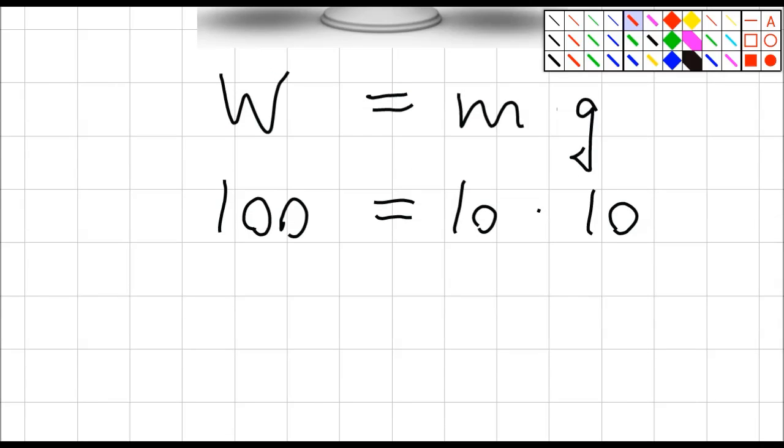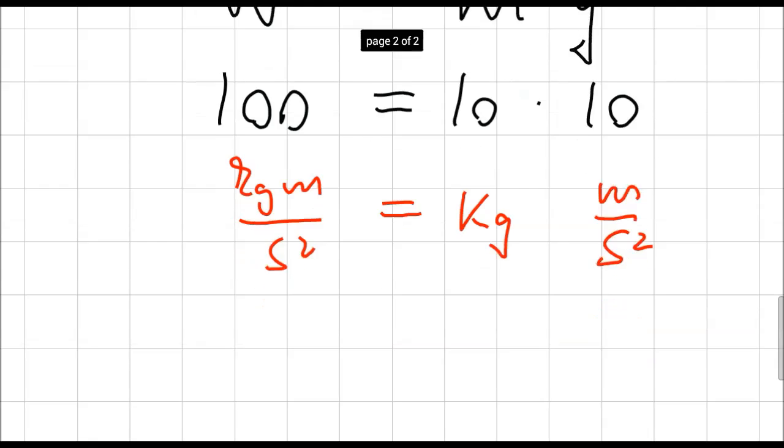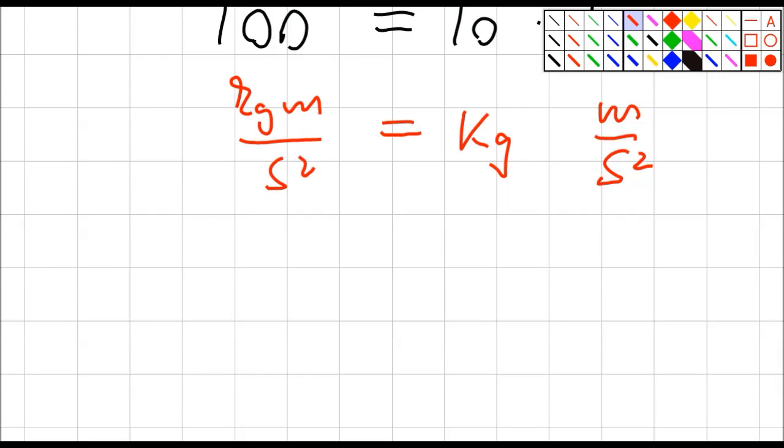They also must be equal. So I have on the right hand side kilogram times meter per square seconds, which actually gives me here kilogram times meter per square seconds. And some time ago we agreed internationally that we want to call this Newton, in appreciation of Mr. Newton and simply to make life a bit easier, because kilogram times meter over square seconds is a bit hard to say and to write. So Newton equals Newton, 100 equals 100, that's correct.